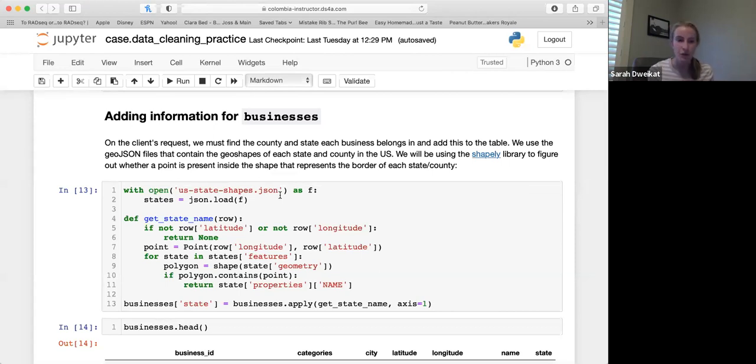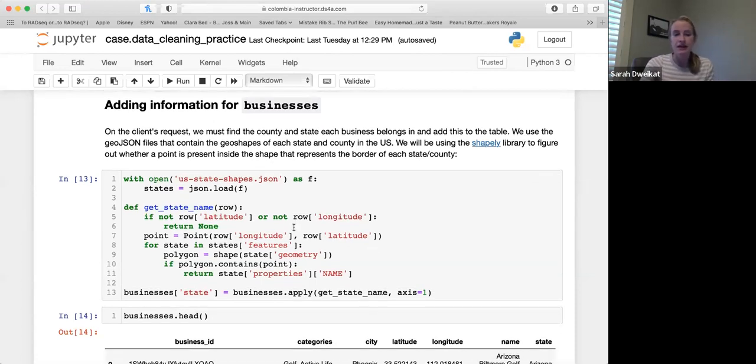Then we're going to define a function. Our function is going to use the argument row. What we need to look for first is missing data. So if there's no latitude or there's no longitude, we're going to return none. We have to make sure that there's actually a longitude and latitude.